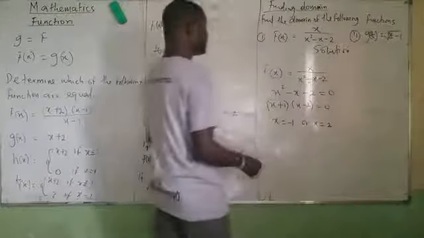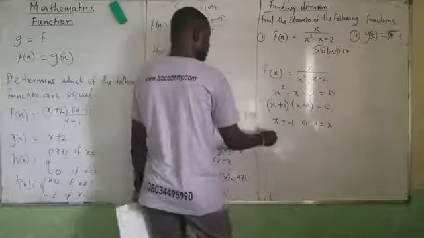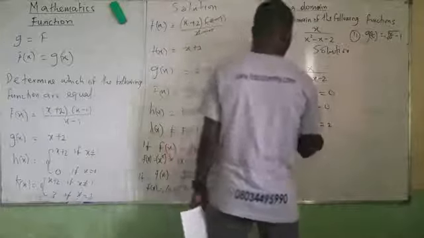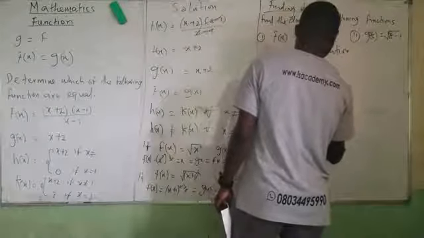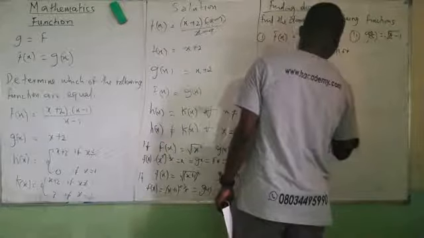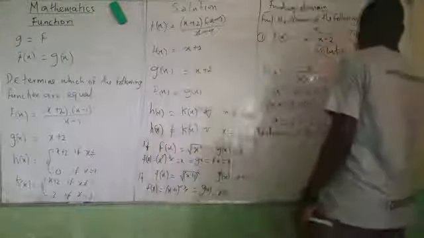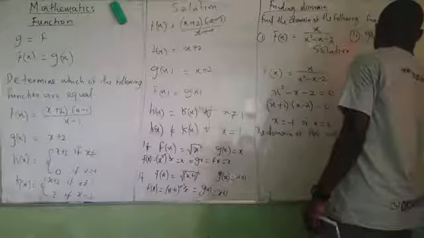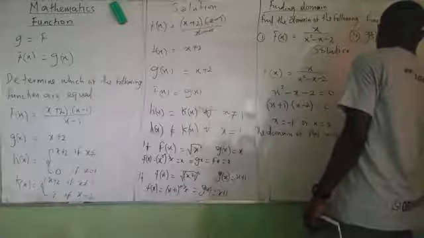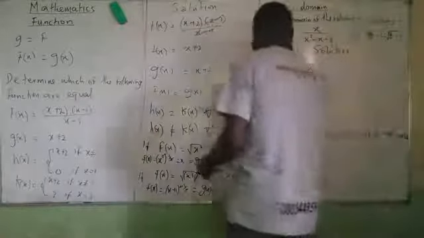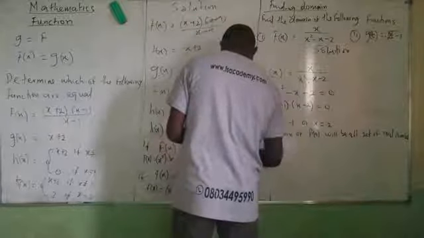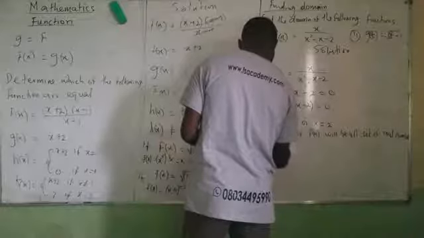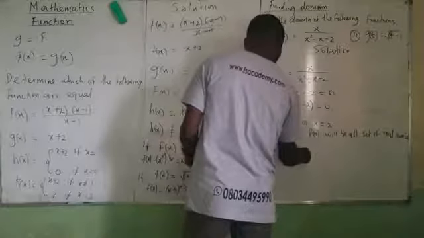It means now the domain of f of x will be all sets of real numbers except 2 and what?